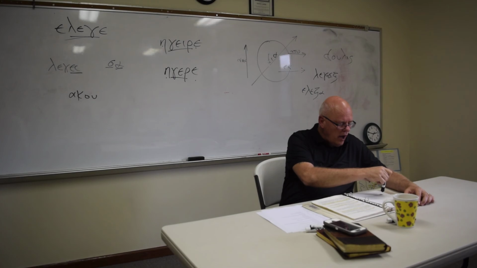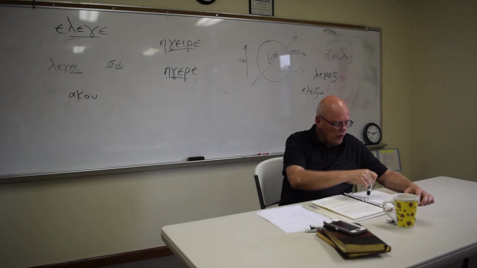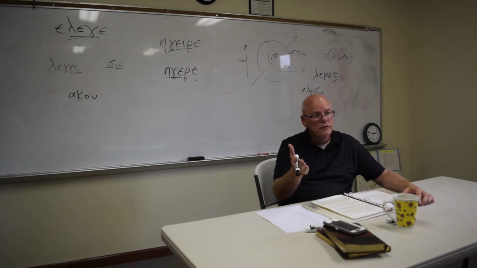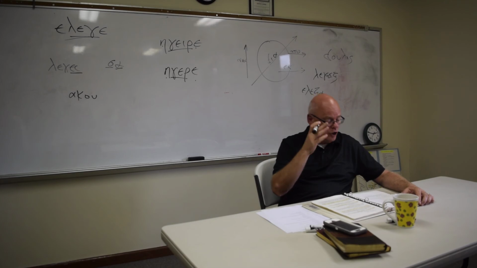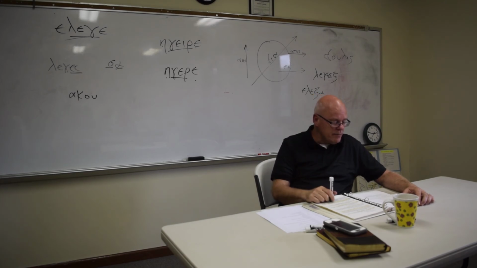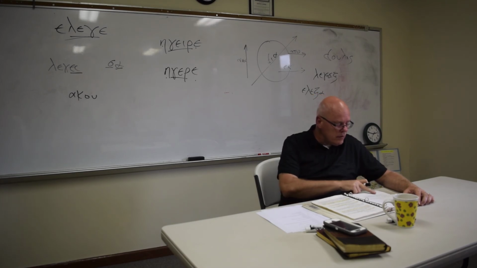Notice ho agathos would be translated the good man or the good person. It could also be the good one, because it is masculine. While he agathe would be the good woman, and to agathon would be the good thing.